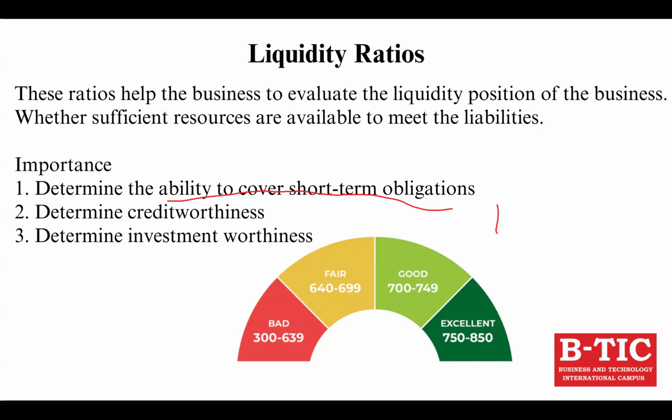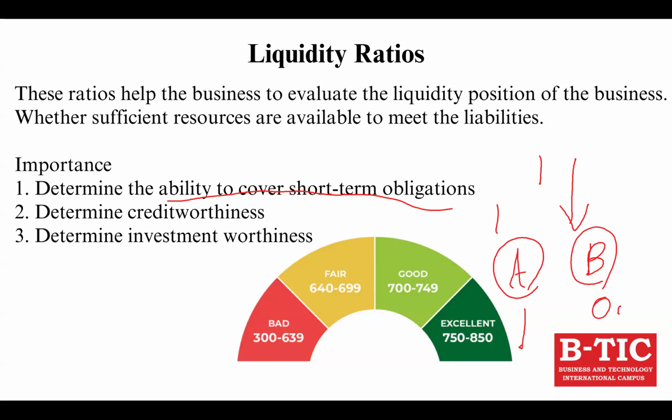For now, remember, a ratio of 1 is better than a ratio of less than 1. So this is the comparison. If company A is 1, whereas company B is 0.5, you can say that company A has a better liquidity ratio compared to company B because they are able to convert their assets into cash quickly.